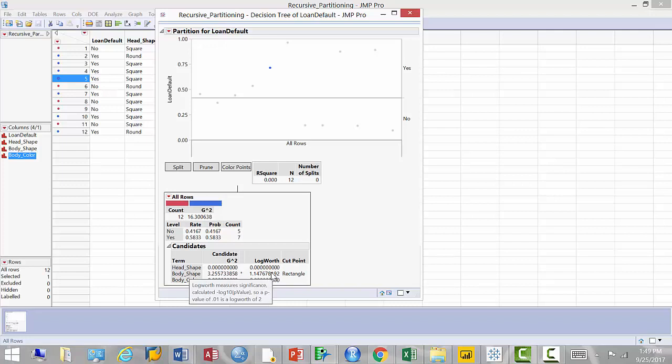But it's trying to find the highest log worth. The higher, the better. So out of 3 candidates, it's going to pick body shape. And you can see that this is my split cut point, and it puts the star against that. It says that's my best split.